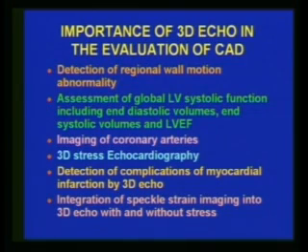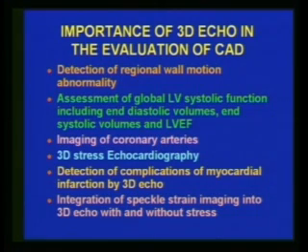Now, when we look at the 3D echo as opposed to 2D echo, what are the advantages? First of all, a 2D echo is just a thin slice. 3D echo, therefore, is more likely to detect regional wall motion abnormality.